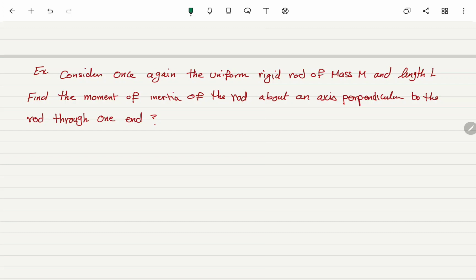Now to find the moment of inertia of the rod about an axis perpendicular to the rod through one end, we have to use this rule here. The moment of inertia is equal to the moment of inertia about the center of mass plus m d square. We actually used the parallel axis theorem.